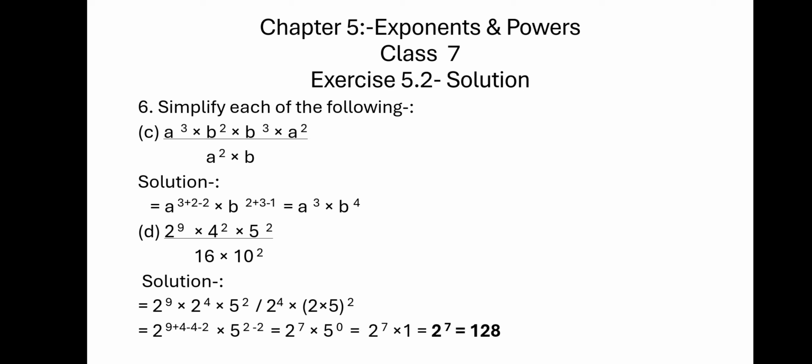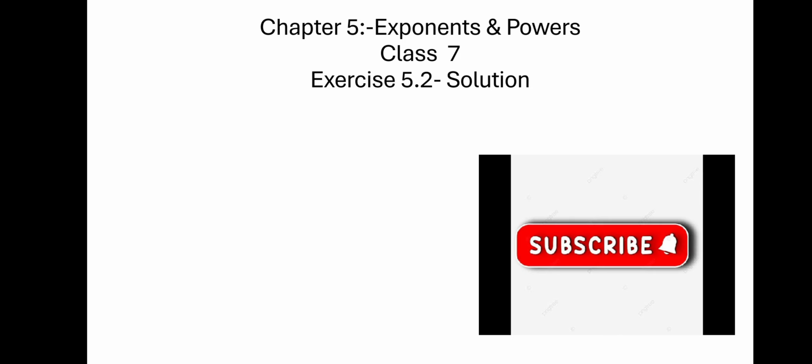So now this will give you 2 raised to 9 minus 2, that is 2^7 into 5^0, that is 2^7 into 1, that is equal to 2^7, which is 128.